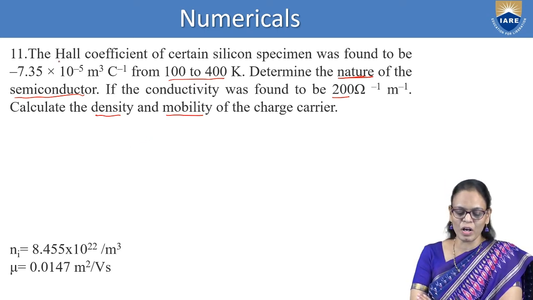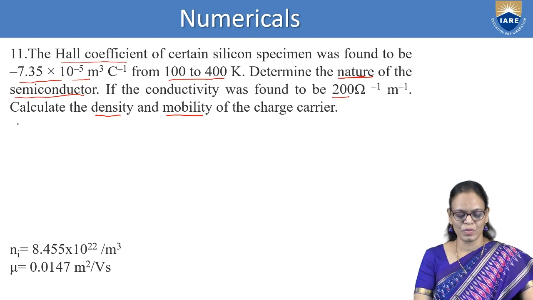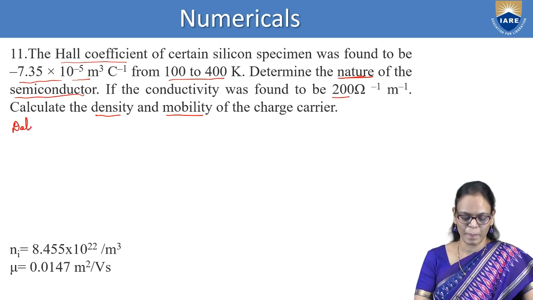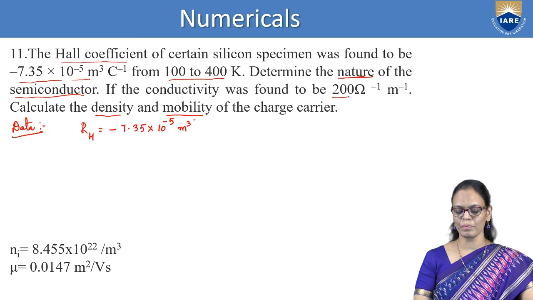So, we are given the Hall coefficient, that is minus 7.35 into 10 power minus 5. Let us write the data. RH is minus 7.35 into 10 power minus 5 meter cube per coulomb.